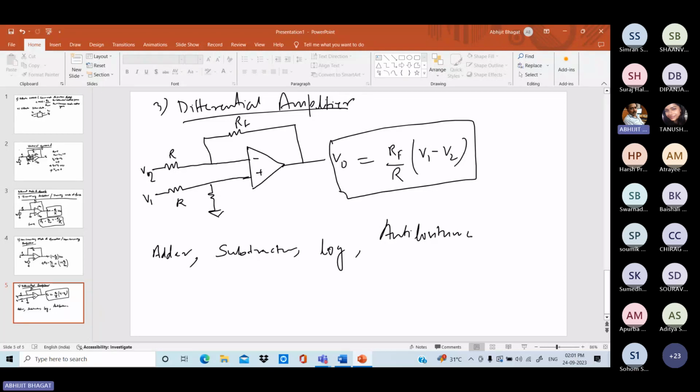These types of mathematical operations you can perform by circuits designed with the help of op-amp. Similarly, some logical circuits like the comparator circuit, which we also discuss in the application part, where two voltages V1 and V2 are compared. These types of logical circuits are also designed with the help of op-amp. So these are also the application part.